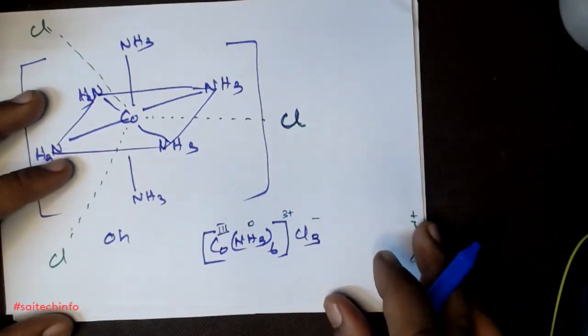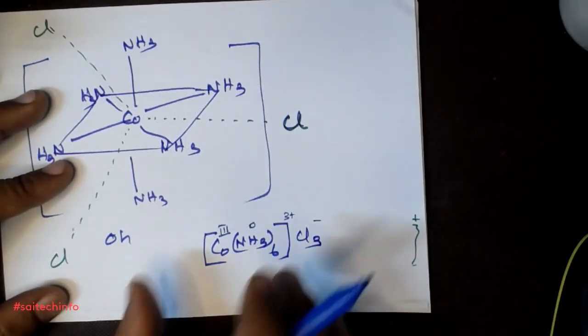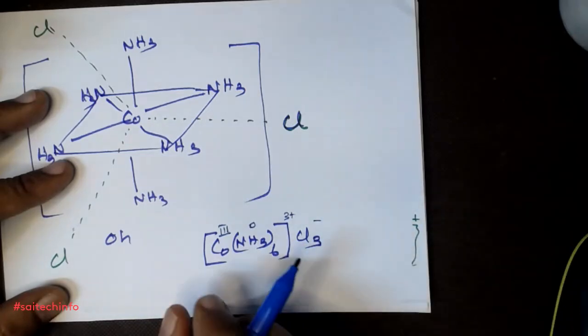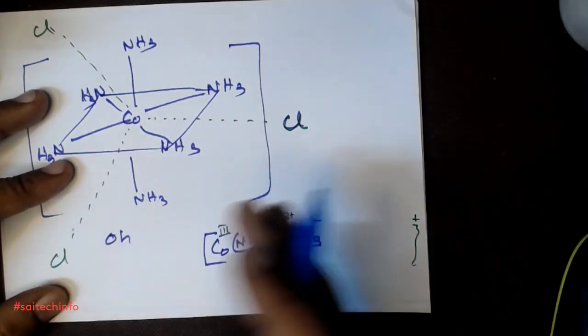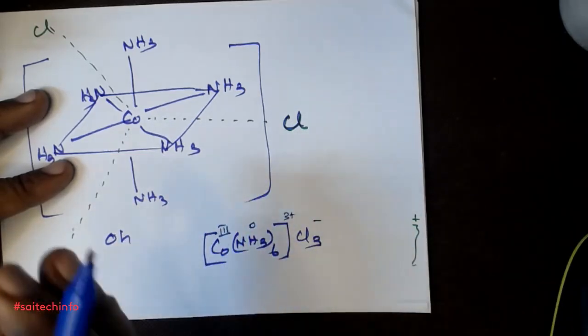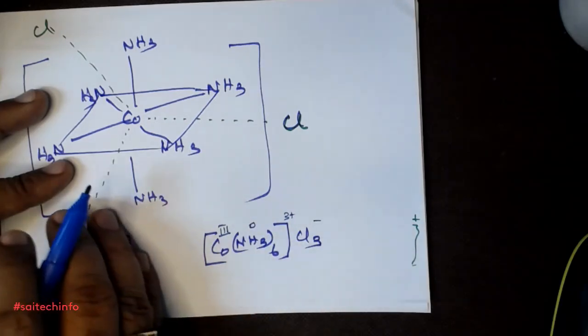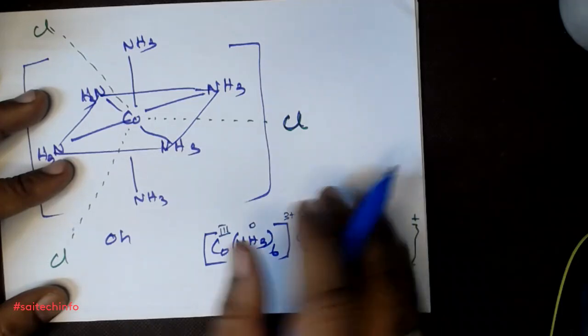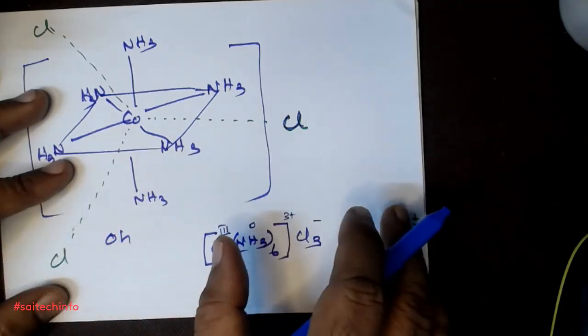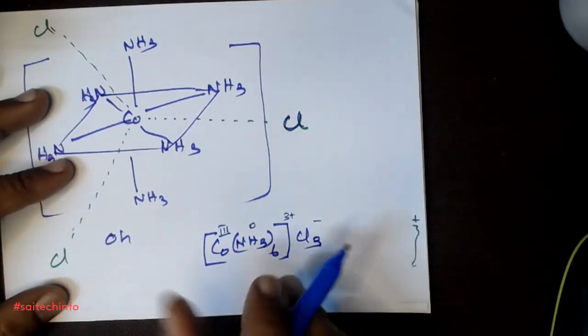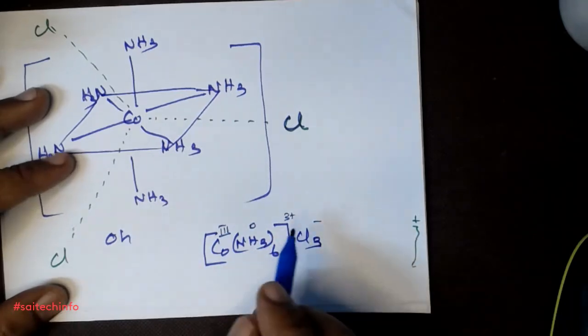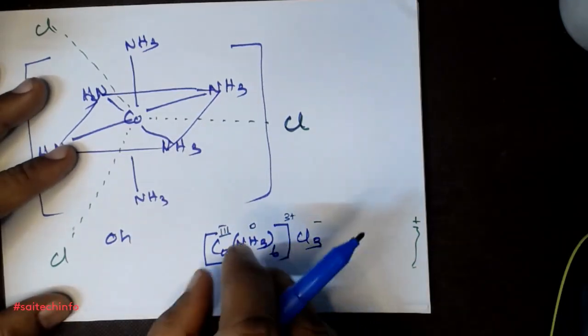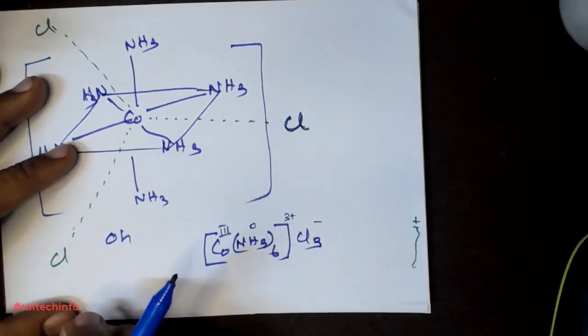Now this is named as first the complex ion followed by the anion, that is first the cation followed by the anion. If the complex ion is available as a cation, it should be named first. If it is available as the anion, the cation should be named followed by the complex ion. So in this case the complex ion comes first, and within that the ligands should be given preference.